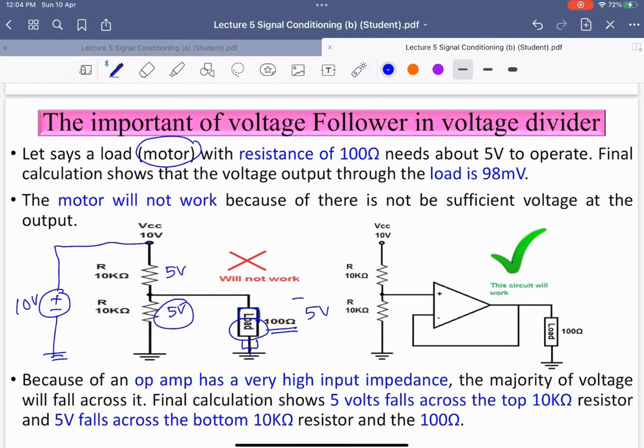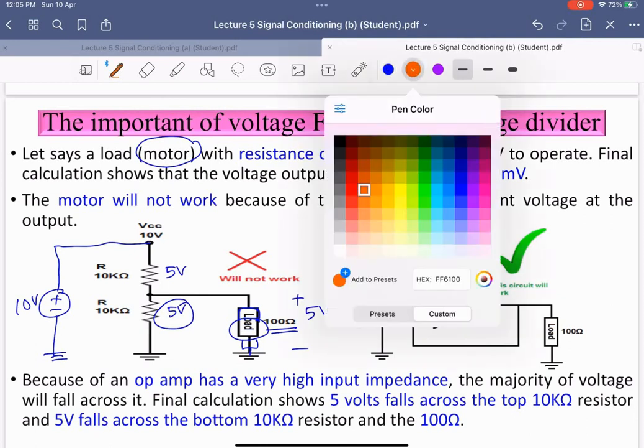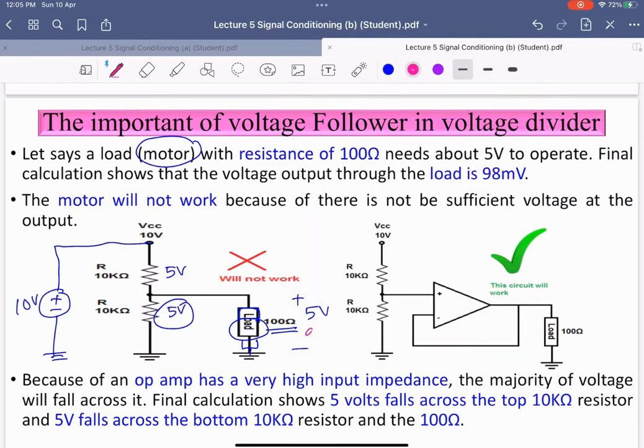Theoretically, yes, we will get 5 volt here. Logically, yes, because the motor is connected in parallel. But when you construct it in practice, you will see that the motor doesn't work. When you measure it, you only get 98 millivolt.